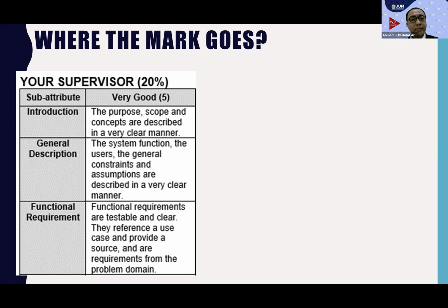Okay. So including general description. In the general description, if I'm not mistaken, the template already has the sub items for that, for example the constraint, the assumption, and you can put that thing. But again, when you describe, don't write only one sentence.